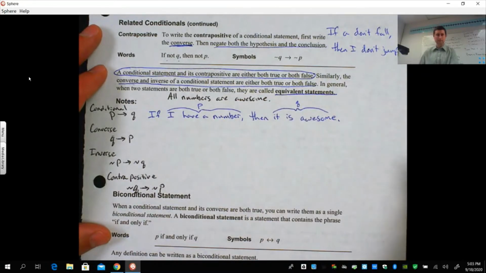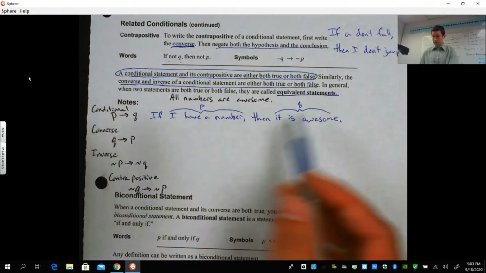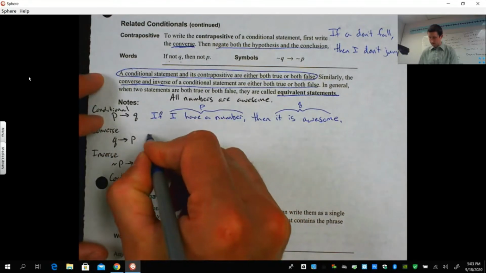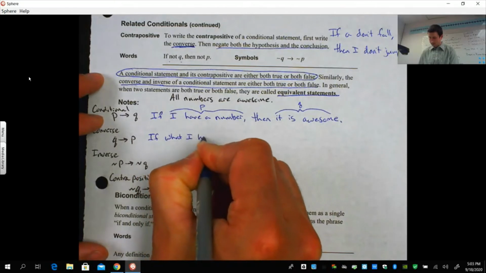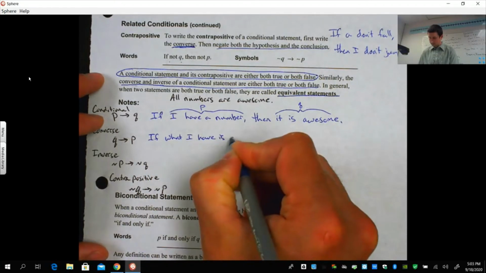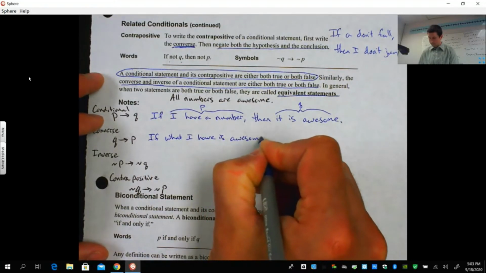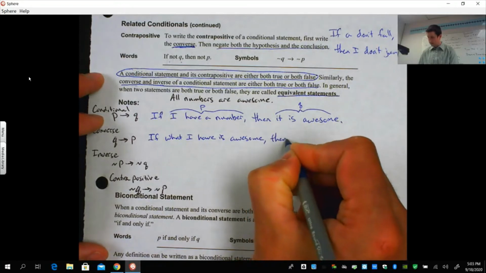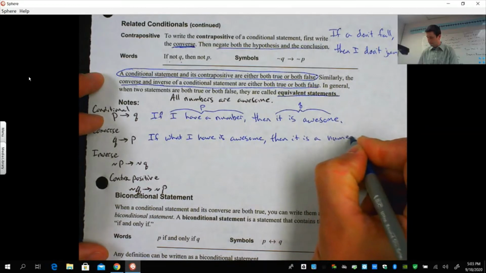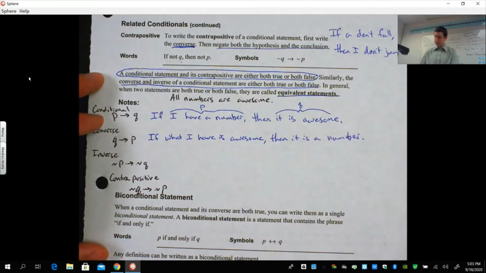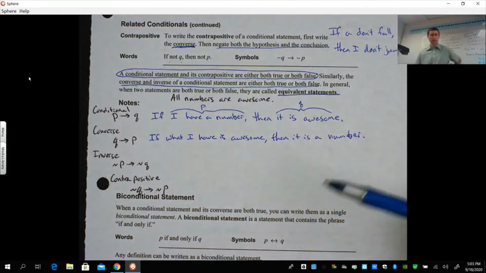Then it is awesome. Converse, flip it around. If what I have is awesome, then it is a number. So you notice even when I flipped it around, I had to change a few words to make it sound okay.